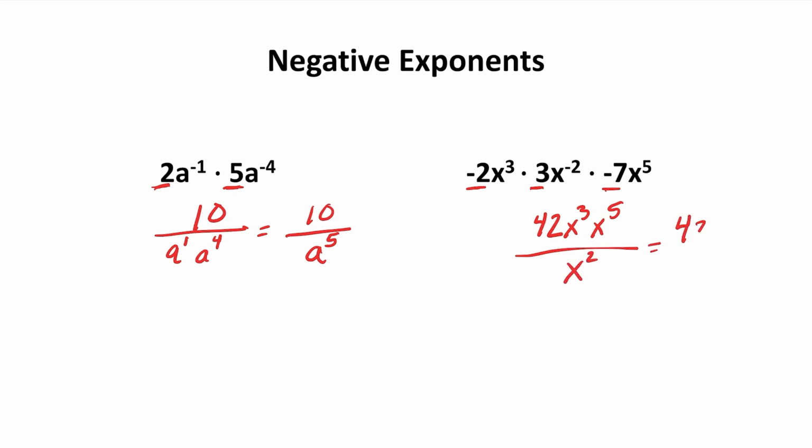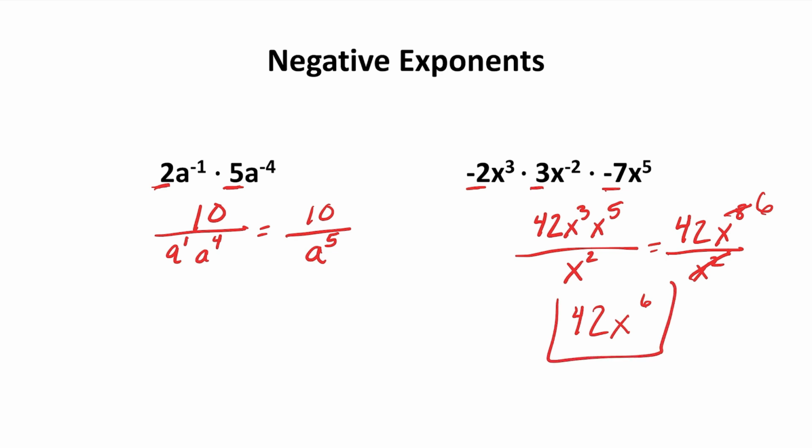So when we add these together over here, we get 42x to the 8 because we add the 3 and the 5, and we still have an x squared. Then if you know how to divide, we cancel 2 of these because we subtract. So the whole thing is 42x to the 6th. So go slow. Only move the negatives down below, okay?